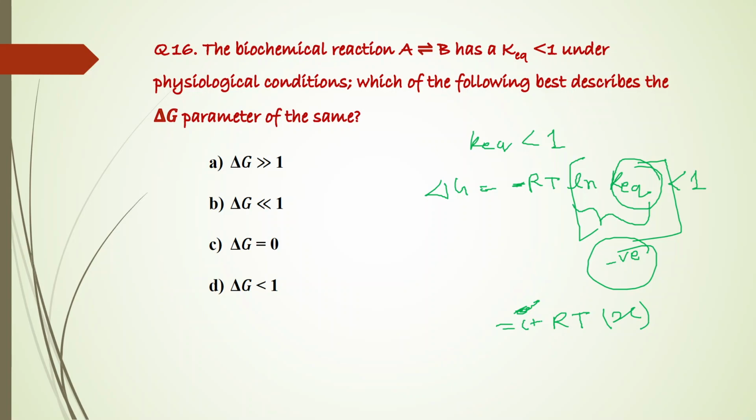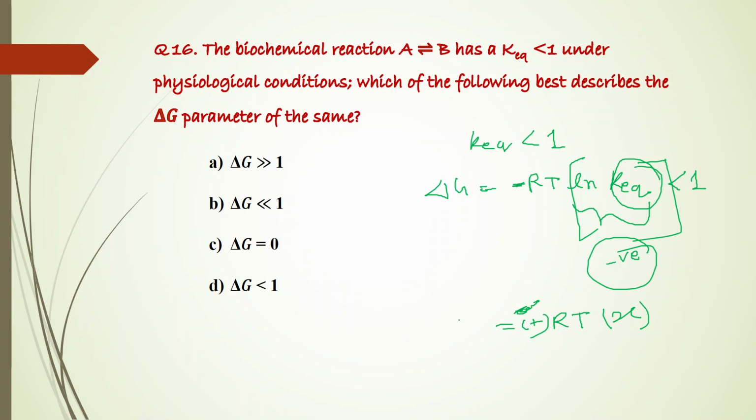So overall the sign becomes positive. That means because K equilibrium is less than 1, delta G is positive. Obviously so, because K equilibrium less than 1 means that the reaction is not spontaneous. That equilibrium will not go forward. That is also evident from the delta G sign as well. You have a positive delta G value in that case.